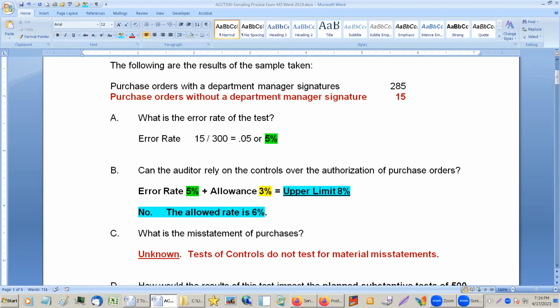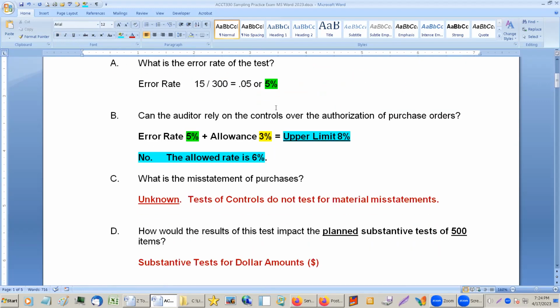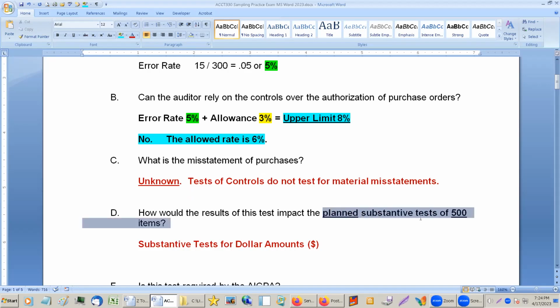And by the way, the fact that they actually did the test of controls tells you that they did want to rely on them. If they weren't going to rely on the controls, they wouldn't do the test of controls. So they wanted to rely on them so that they could do a planned substantive test of 500 items. So are we going to take more, less, or the same 500 items?